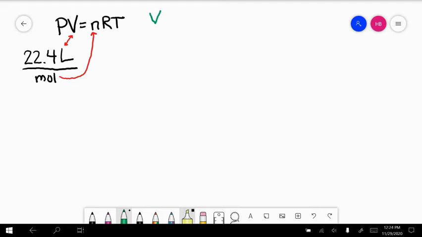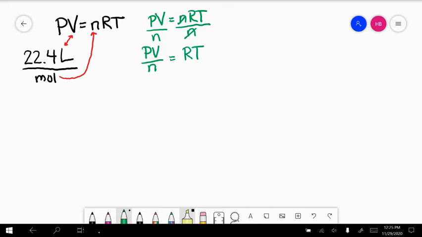Right now, volume is on the top, and so is moles. So let's leave volume on the top and get moles on the bottom. We're just rearranging the equation, and PV over n is equal to RT.